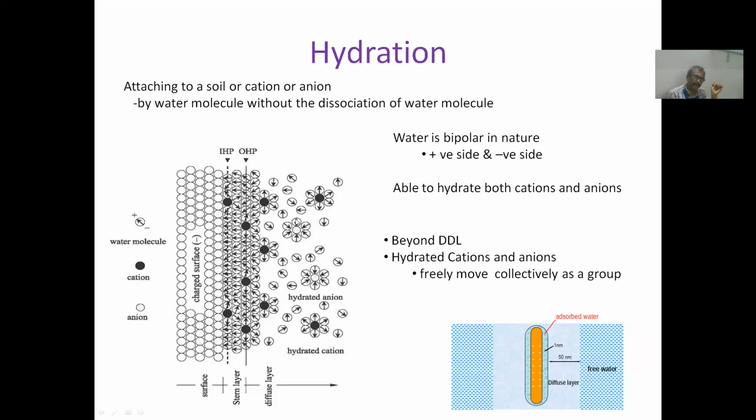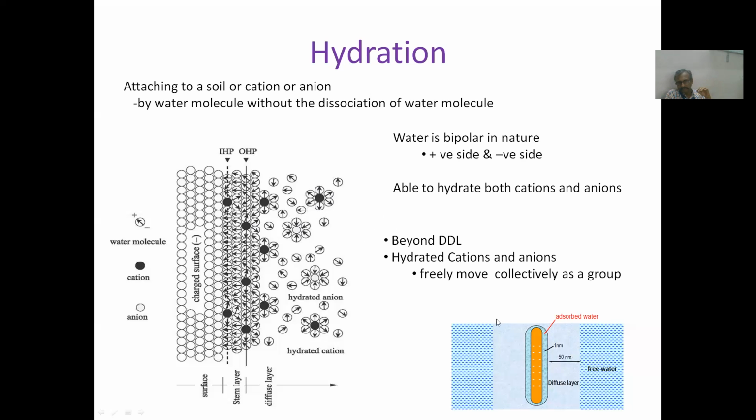That should be kept in mind. Beyond the DDL, beyond the diffuse double layer, these hydrated cations and anions can move freely as a group.